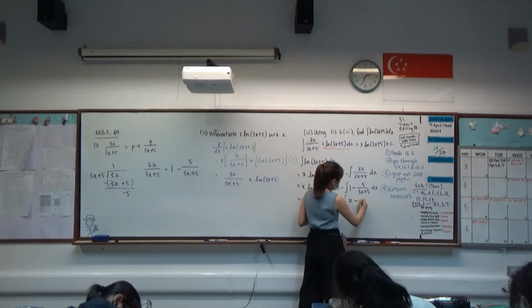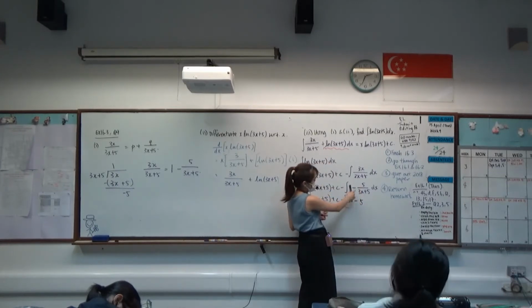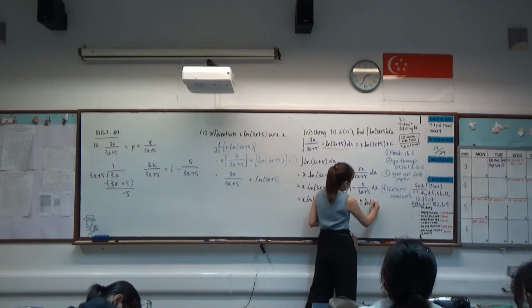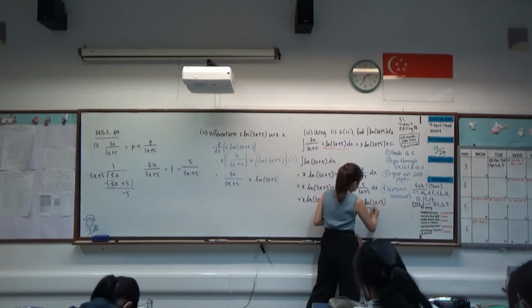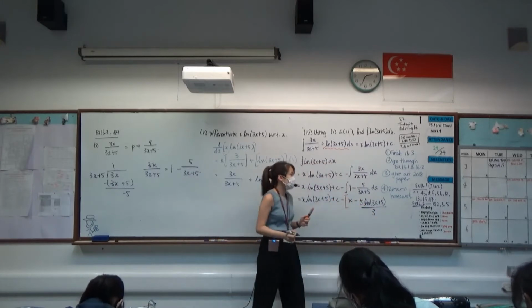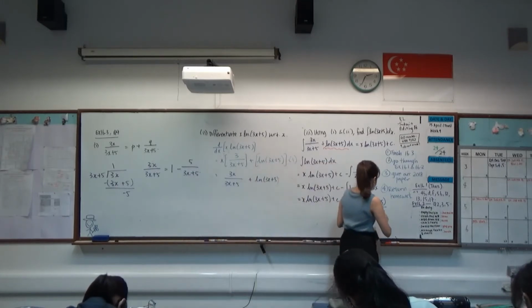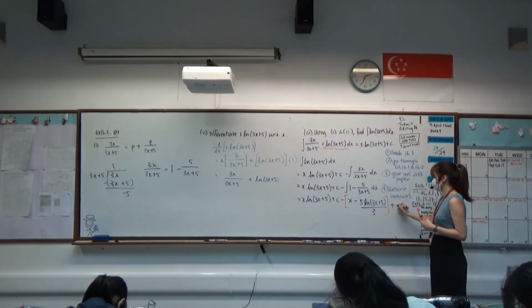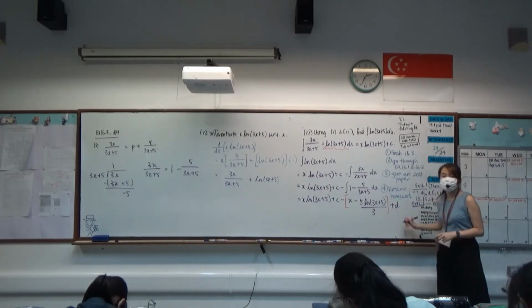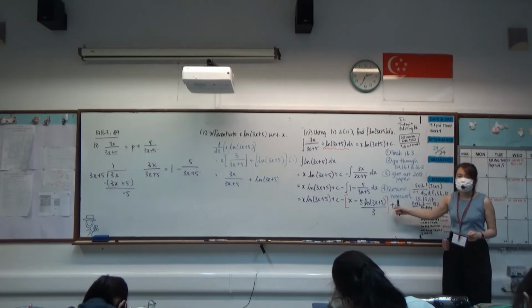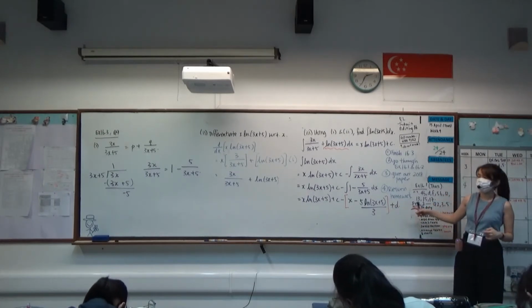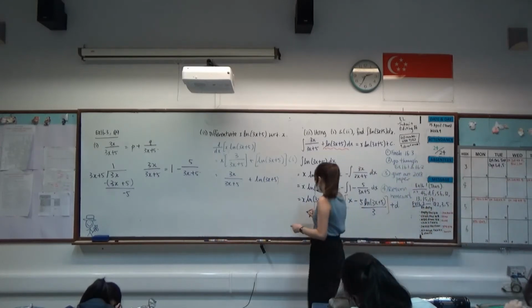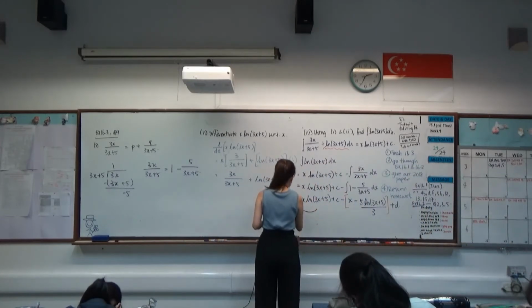Minus away 5, I'm taking out the 5. We're looking at integration of 3x plus 5, so ln 3x plus 5. Remember to divide by coefficient of x. Then you can do your plus constant on the outside. It really doesn't matter whether your constant is inside the brackets or outside the brackets, because that is not our objective to find out now. Then we simplify it.